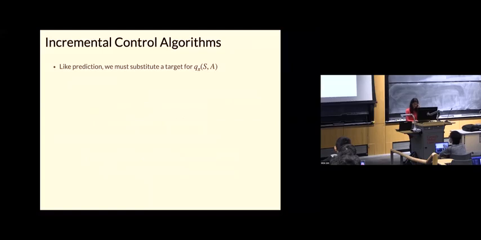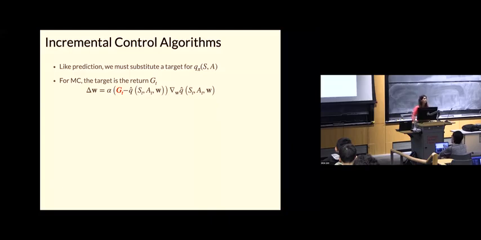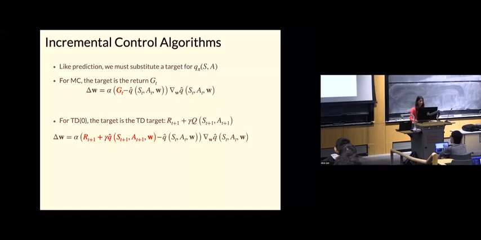It's essentially identical. And you're going to have two different targets, either the Monte Carlo target, which is the return, the sum of rewards from that state and action that shows up in the trajectory till the end of the trajectory, or the TD target, which is immediate reward plus gamma Q of the next state and action. All right.